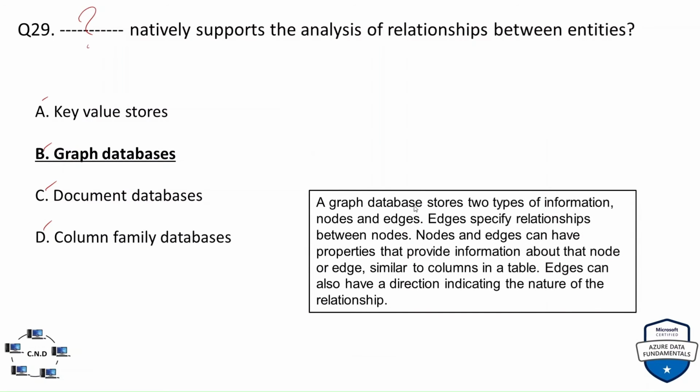So a graph database basically stores two types of information, nodes and edges. Edges specify relationships between nodes. Nodes and edges can have properties that provide information about that node or edge, similar to columns in a table. Edges can also have a direction indicating the nature of the relationship.